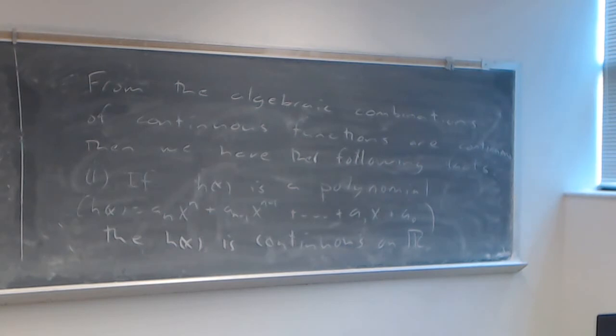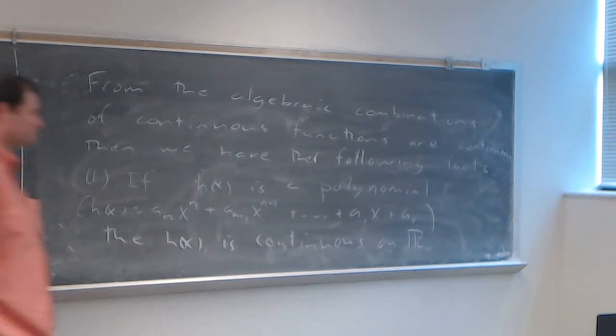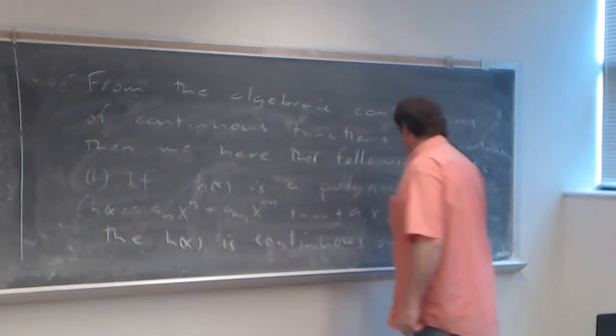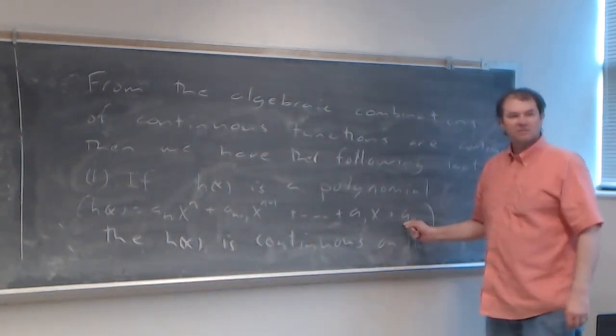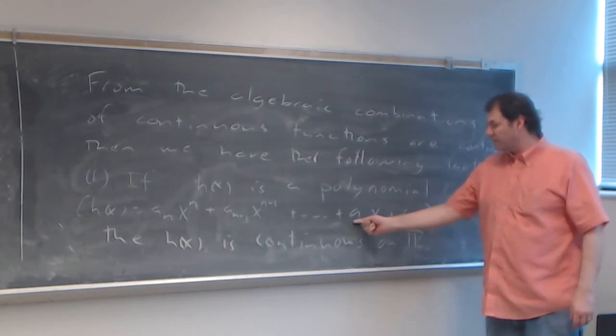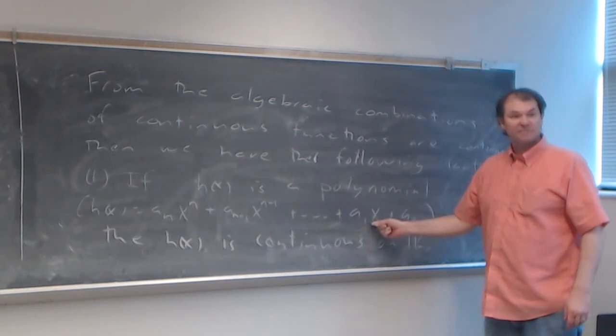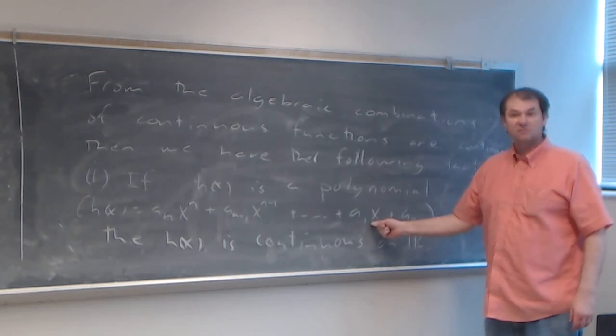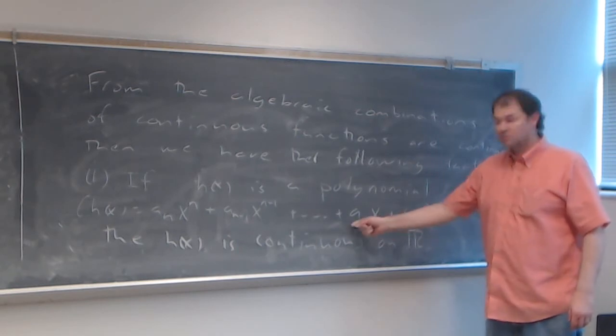Okay, why? Well, here's the reason. A constant is a continuous function. So this is a constant, which is a continuous function, times x. And what do I know about x? I know x is a linear function. It is continuous. You can show these two are each continuous.